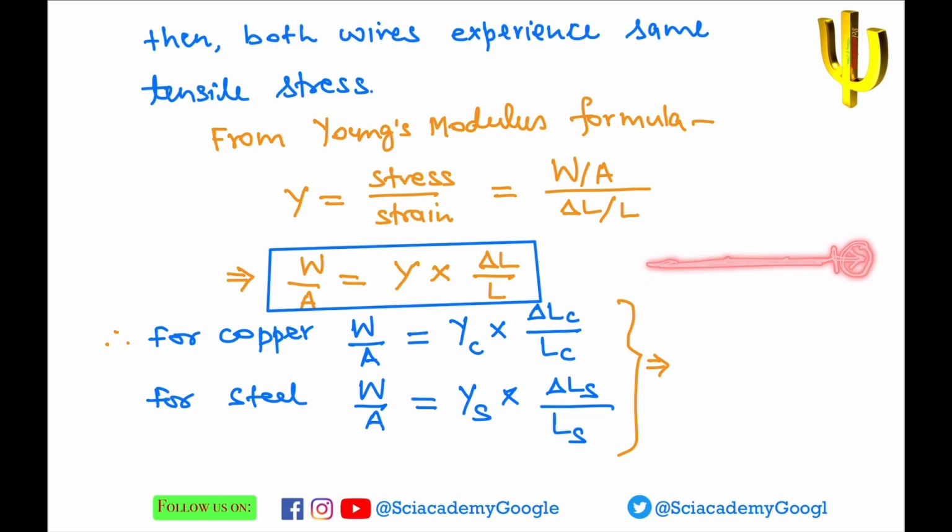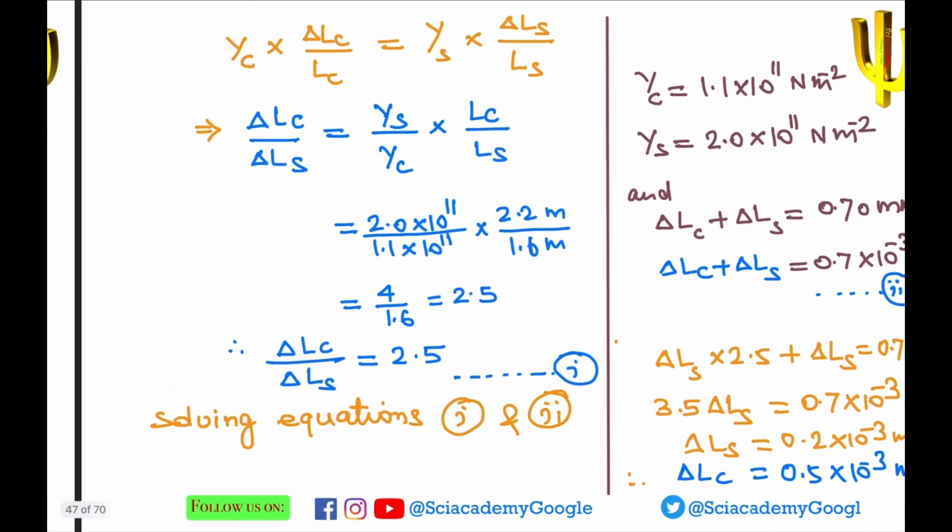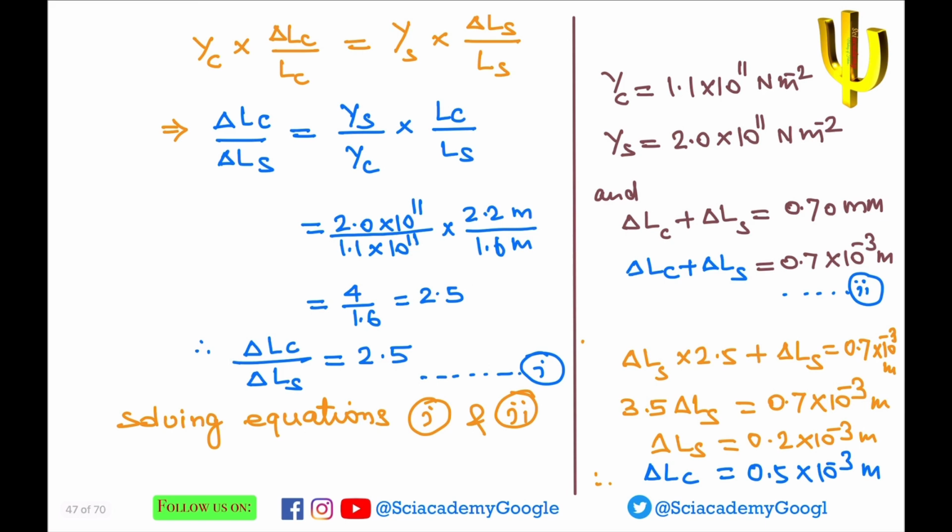But the extension in the two wires depends on their individual characteristics like their Young's modulus and length. So now let us calculate the ratio of extension in the two wires.